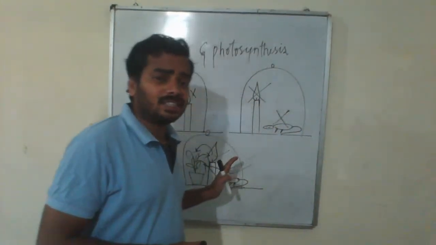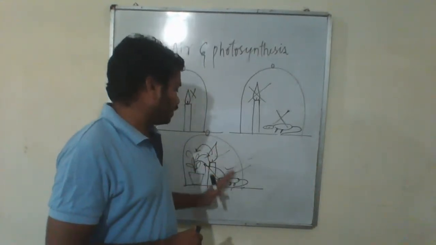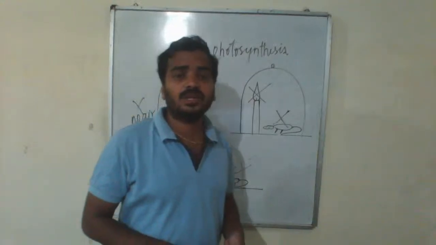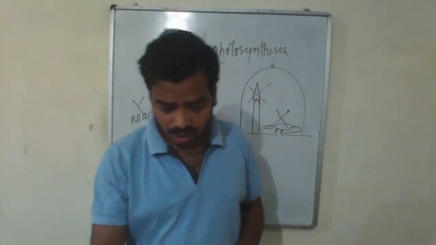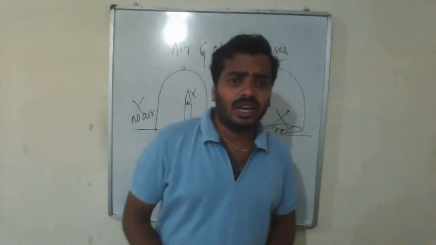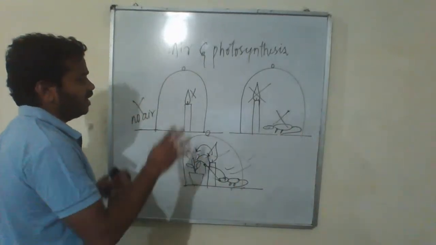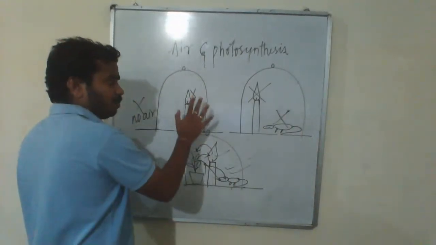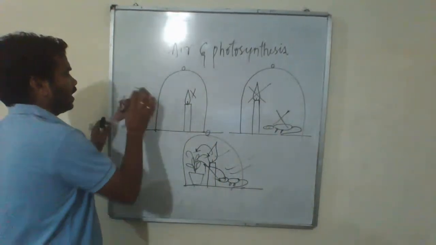That gas given to the candle and mice was oxygen, and it was named by Lavoisier. So from here you can say that CO2 is used by the plant and O2 is liberated by the plant.